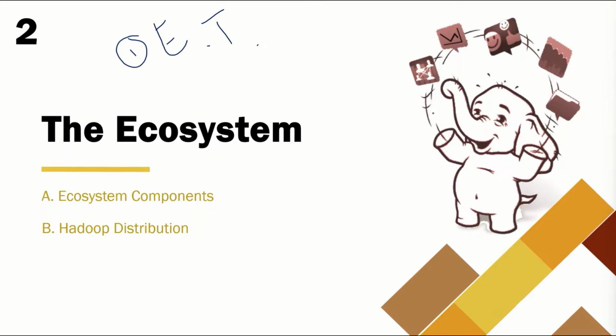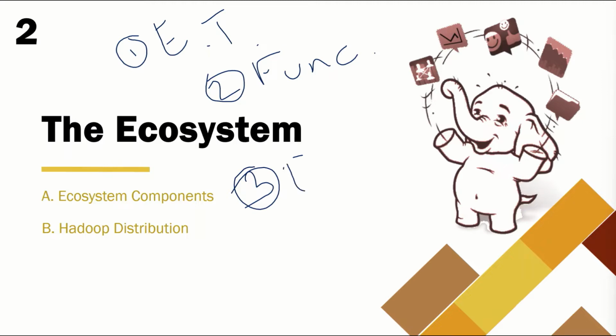So this also limits the functionality of what we can do with this kind of a system, right? So entry threshold, the functionality, and third, we barely discussed the utilization of the framework or the efficiency of the resources that we are using.